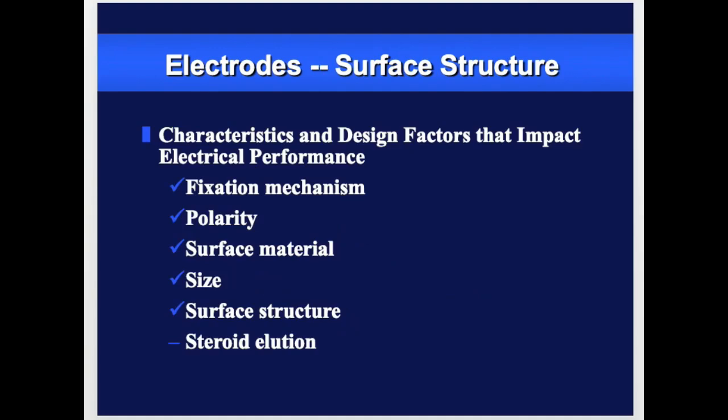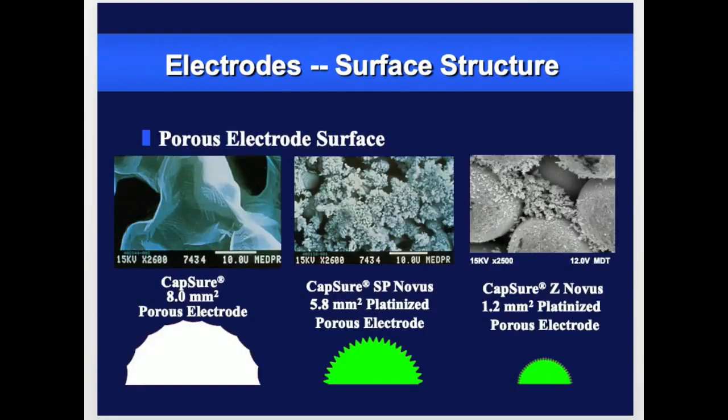Design characteristics related to the surface structure of the electrode are reviewed in the following slide. A smaller geometric size can increase impedance, but as we have seen, it can also increase the polarization. By altering the surface structure to be more porous, you can increase the functional surface area of the electrode and therefore lower the polarization.